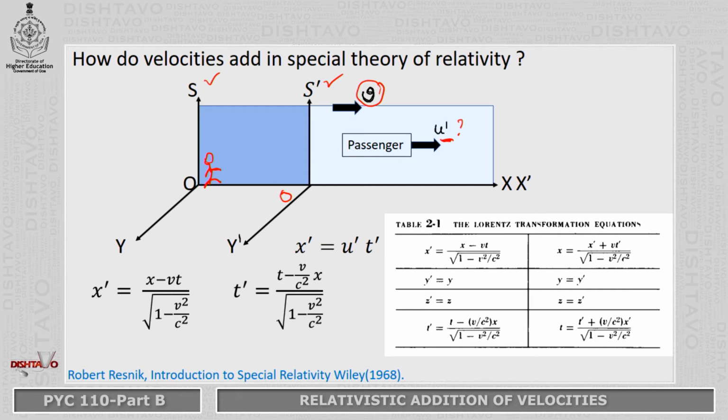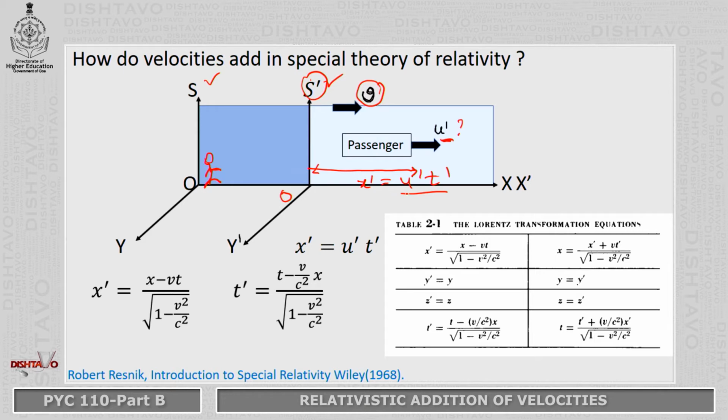Basically, simple physics tells us that the displacement x prime will be equal to u prime into t prime, that is velocity into time. The prime coordinates are with the S prime observer. The observer who is in S prime will use all the prime quantities.